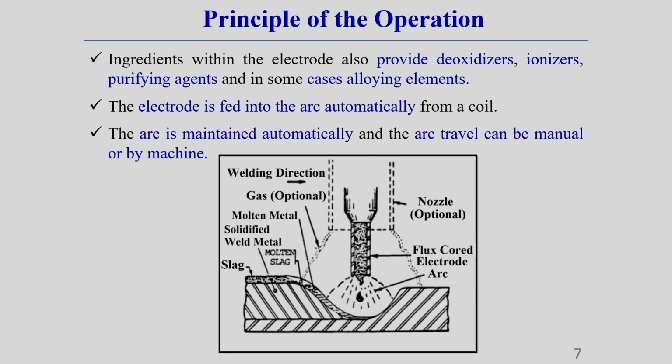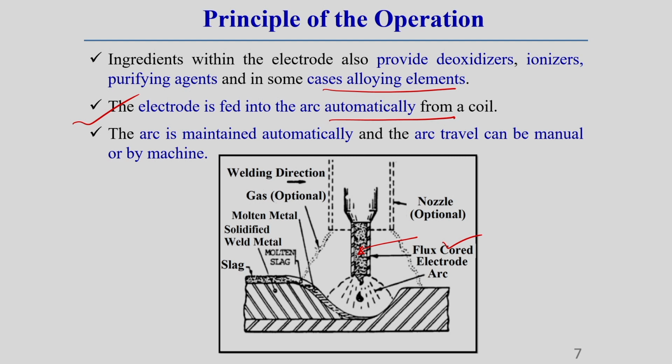Whatever ingredient we are using in the flux core arc welding process can contain deoxidizer, it can contain ionizer, and it can contain some purifying agent also. Okay. And sometimes this flux core contains some alloying elements also to improve the joint quality. Whatever electrode is fed into the workpiece, this feeding is done automatically.